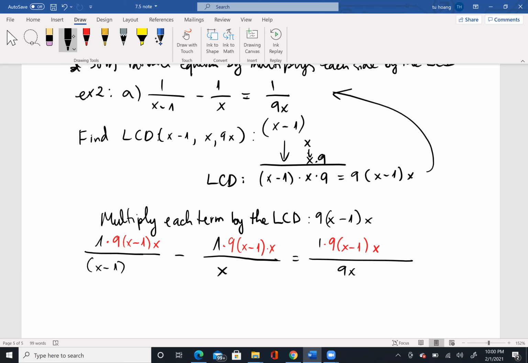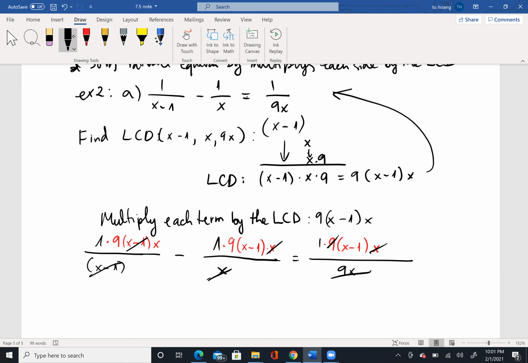Now what happened? I can just cancel the common factor between top and bottom. This one doesn't have it. This one has x. This one has 9x, 9x, 9x, right?